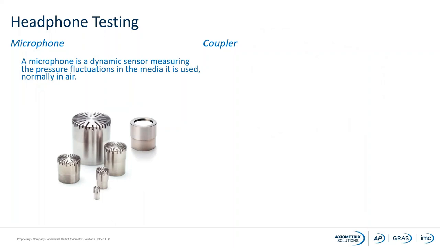Before we continue, I think it's a good idea to look at some definitions. The definition for a microphone and the definition for a coupler. A microphone is a dynamic sensor measuring the pressure fluctuation in the media it is used in.